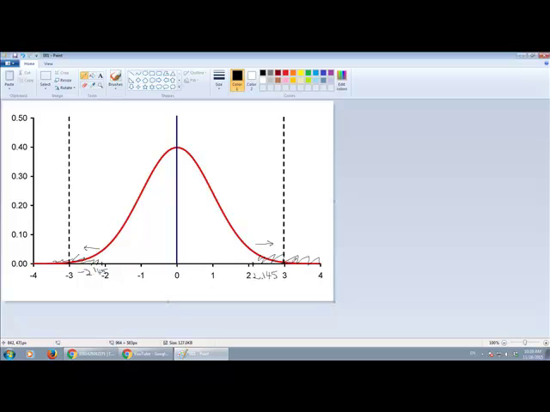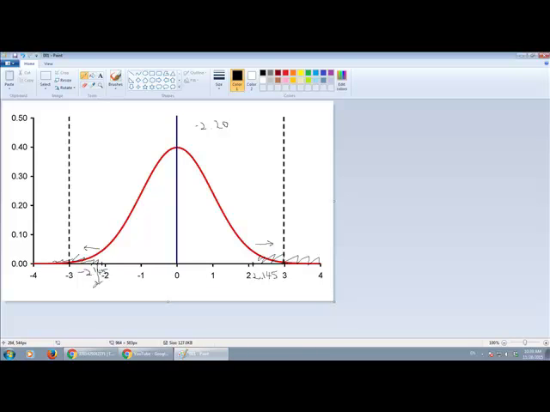Now, the next step is to identify where the value you calculated is located. Just suppose the value you calculated is negative 2.20. Where is it? Of course, it's negative, so it must be in this region. And 2.20 is beyond this critical value, about right here.